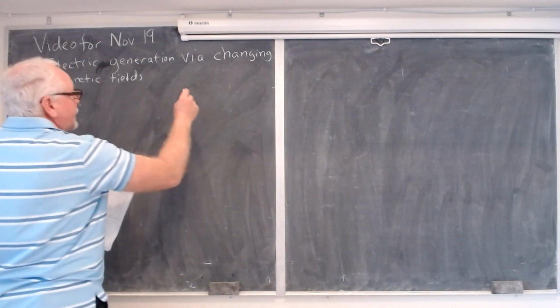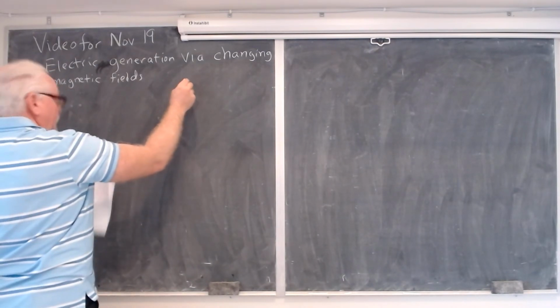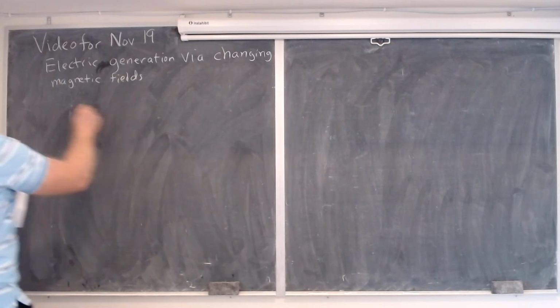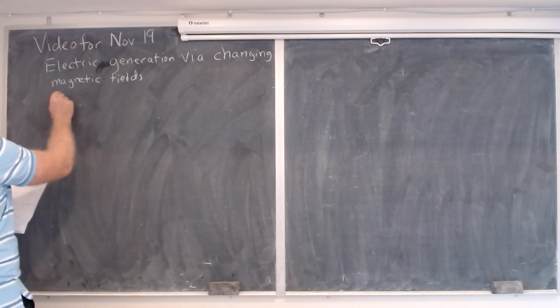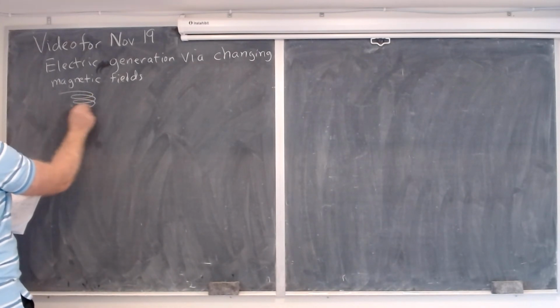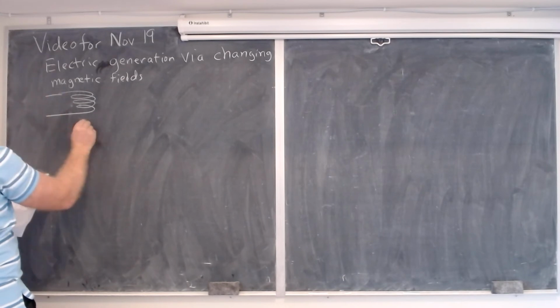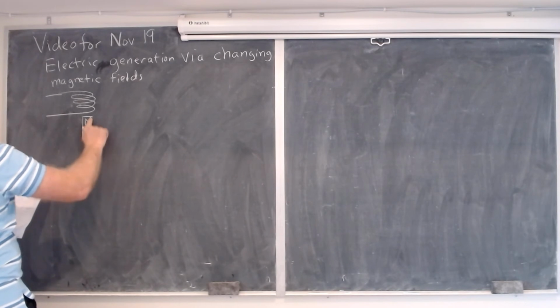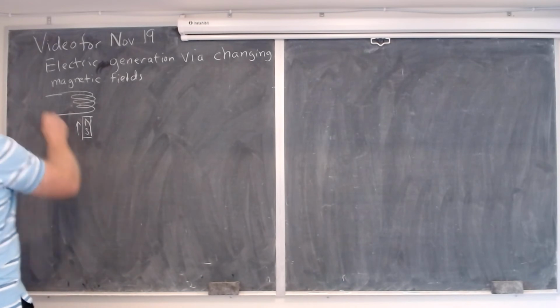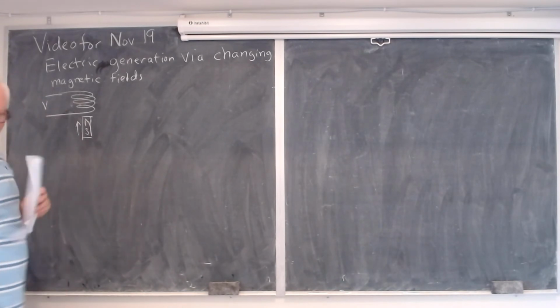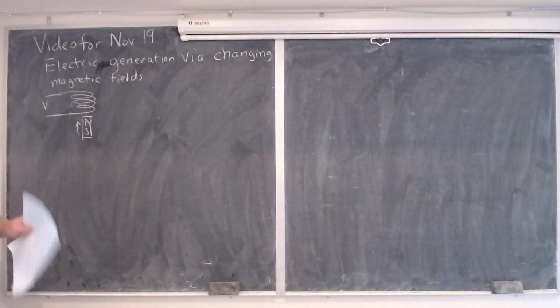The observation was made that if you have a coil, and you take a magnet and move the magnet toward the coil, you will get a voltage. I'm not going to label plus and minus right now.